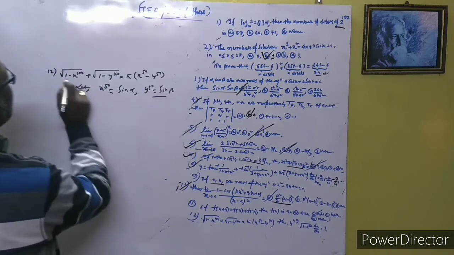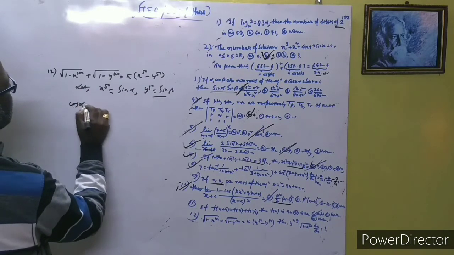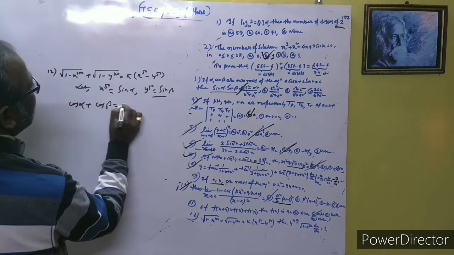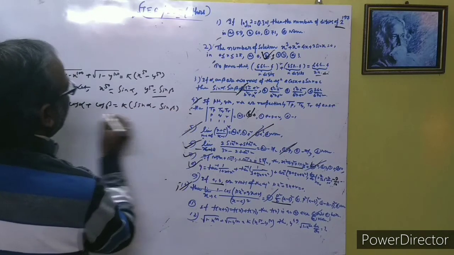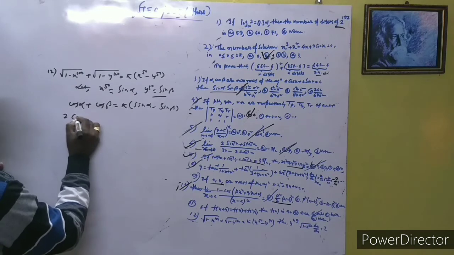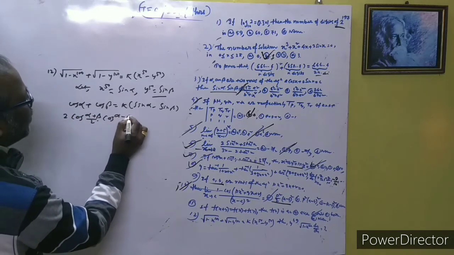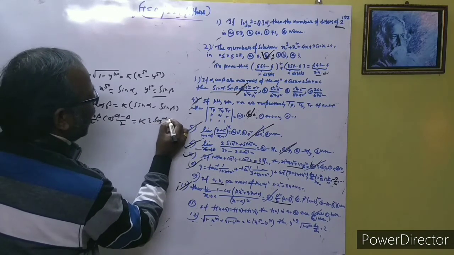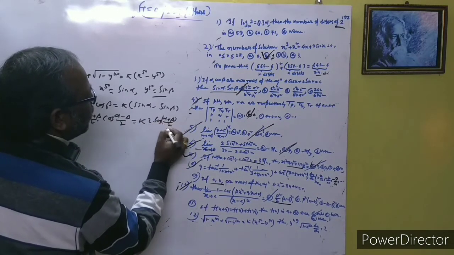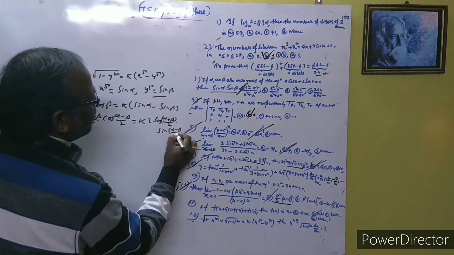If we put this on the left and right, we get cos alpha plus cos beta, and that is k into (sine alpha minus sine beta). Apply the formula: this is 2 cos of (alpha plus beta) by 2 into cos of (alpha minus beta) by 2, equal to k into 2 cos of (alpha plus beta) by 2 into sine of (alpha minus beta) by 2.